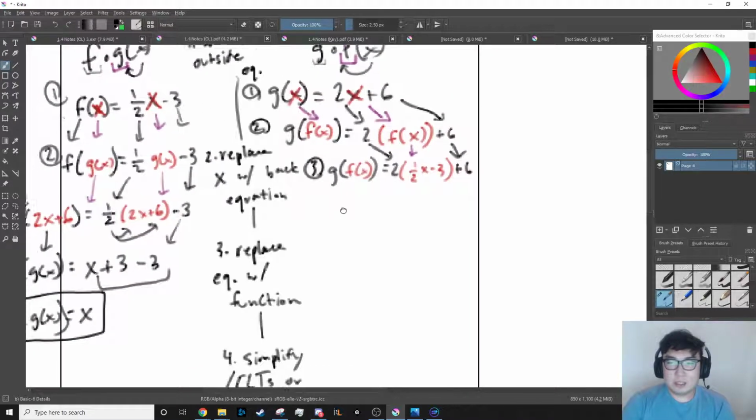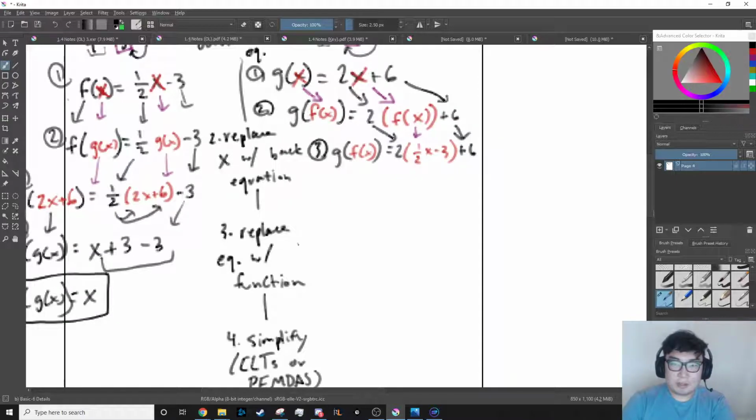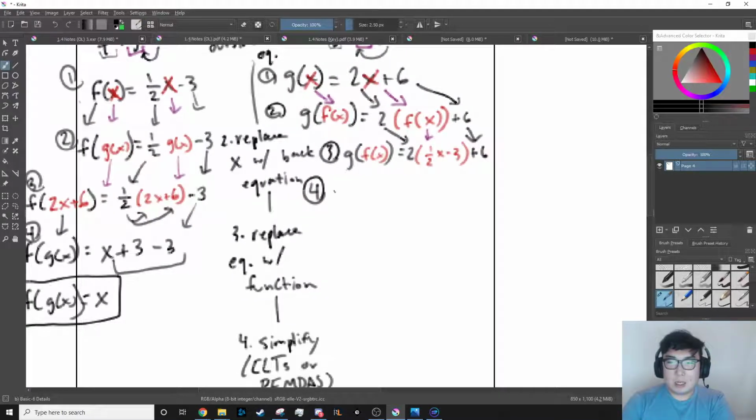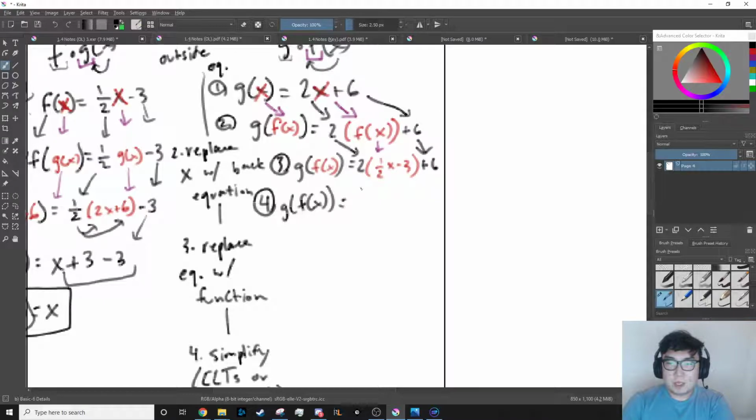Nice. So I did step 3. Step 4, simplify. I'll just write this for note's sake. g of f of x is equal to, and I know that in PEMDAS, multiplying comes before adding and subtracting.